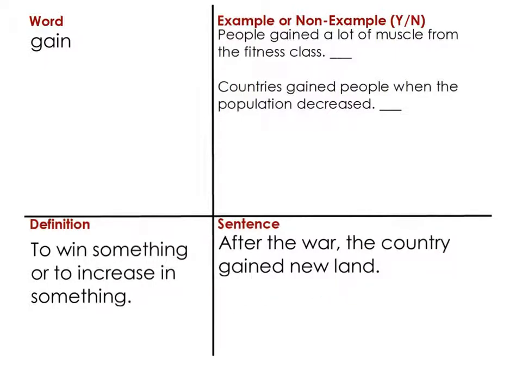Now let's look at example or non-example. The first sentence reads, people gained a lot of muscle from the fitness class. Is that yes or no? Let's look at the next sentence.